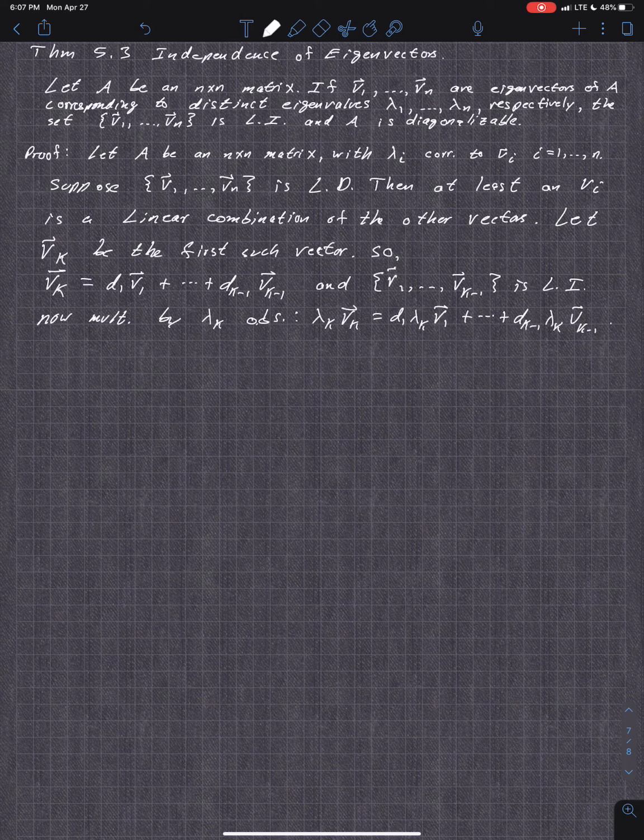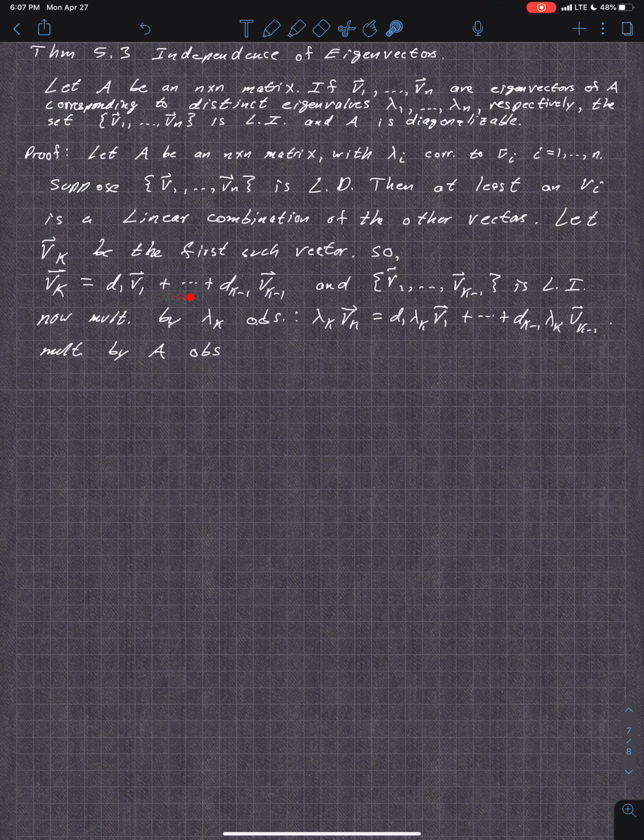Similarly, multiply by the matrix A on both sides of the original equation, not this one.